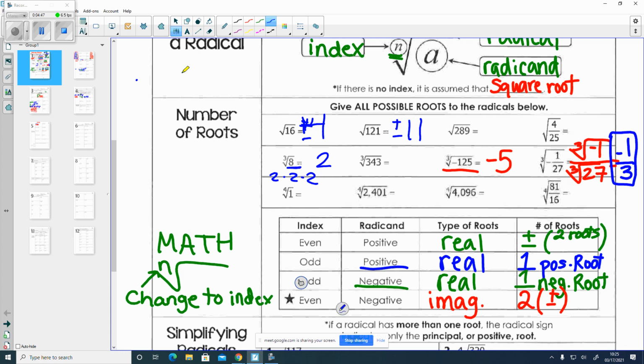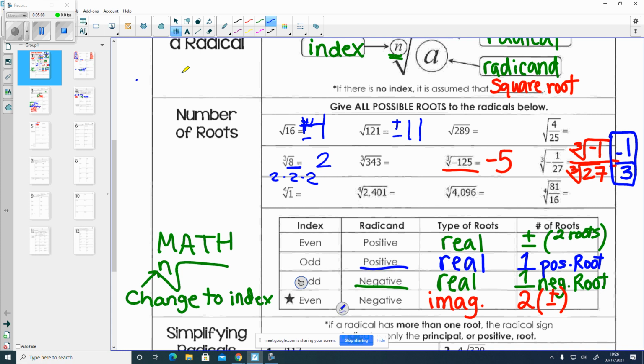So the rule is if the index is even and it's positive underneath, you'll get a real root. You will get a plus or minus. If the index is odd, you will get a real number, but you're only going to get one answer.